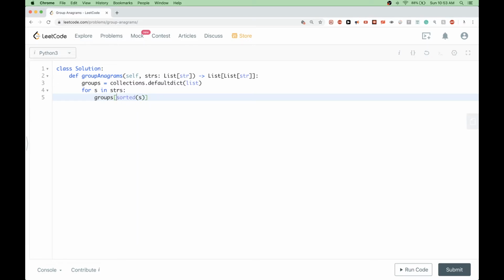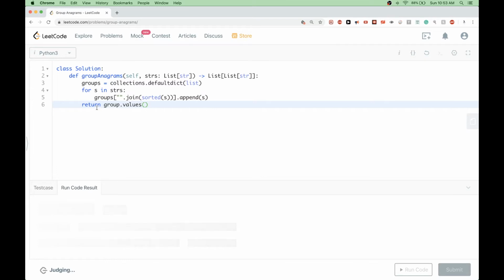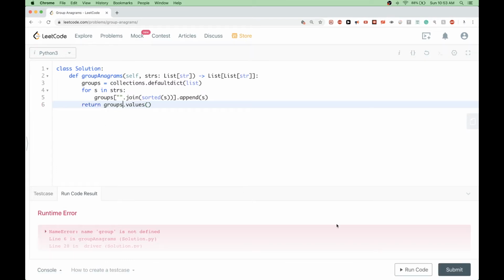But since you can't have a list as a key, I'm just going to convert it to a string by joining with an empty string like this. And then we would add that string, since this is the unique representation of anagrams, and this string is part of that group. And at the end we can just return groups.values.